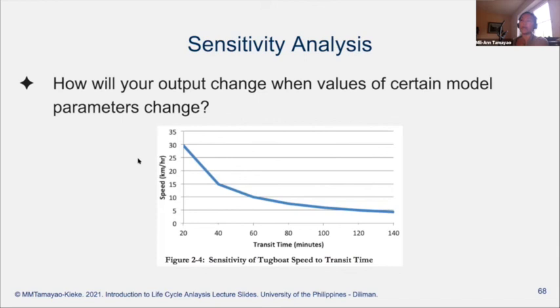And you might be interested to know, okay, what value of x will cause you to make a different conclusion because it affects the value of y, right? Kasi magde-depend yung conclusions mo, yung discussion ng study mo on the value of y. Pero y could change depending on the value of x. So what values of x will cause you to have a different conclusion?